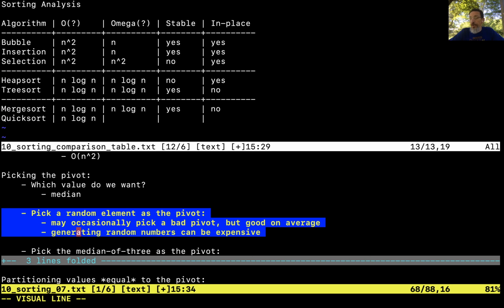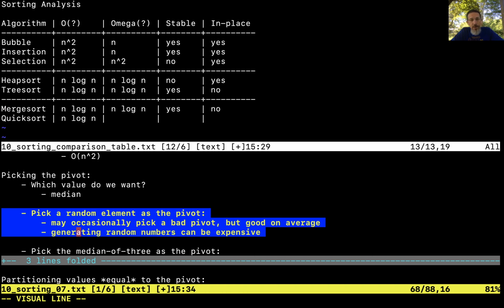A non-deterministic or random policy is actually a pretty good one. If this is your subarray and you have to pick some pivot value between the left end and the right end, just pick it randomly. Now, yes, this could result in some bad pivot choices from time to time, and maybe every so often it'll be a very bad pivot, but on average, you're going to do very well, okay?